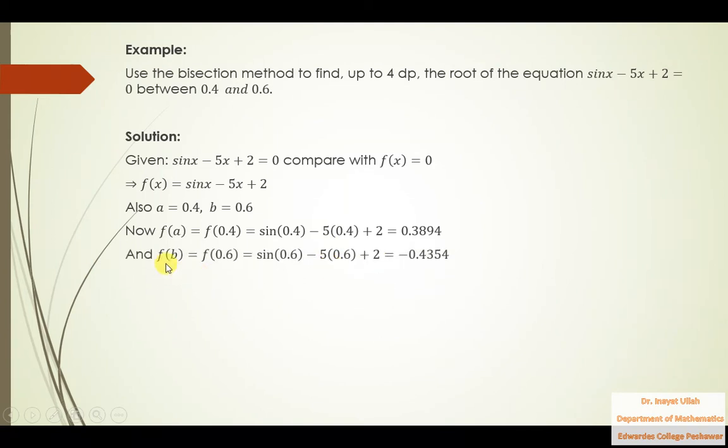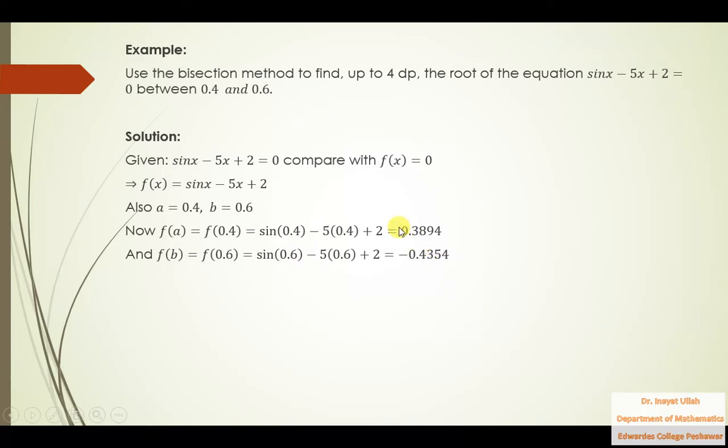Secondly, f of b means f of 0.6: sin of 0.6 minus 5 into 0.6 plus 2, which gives minus 0.4354.